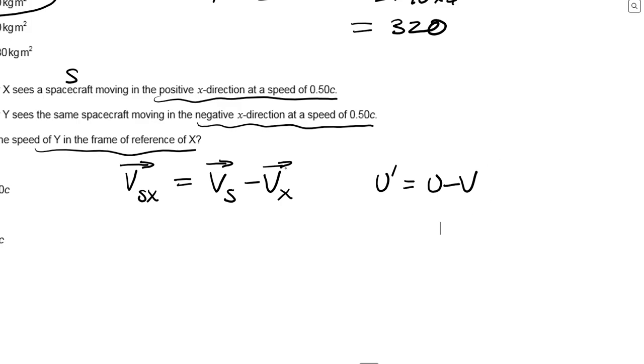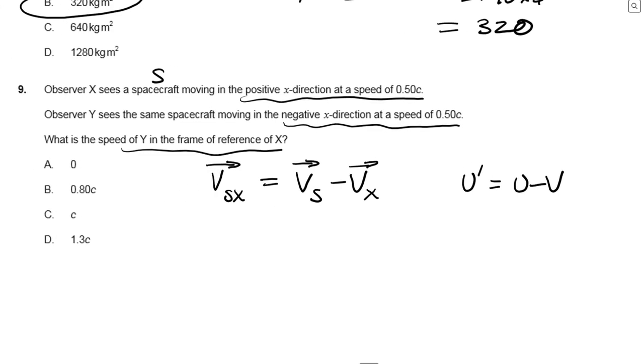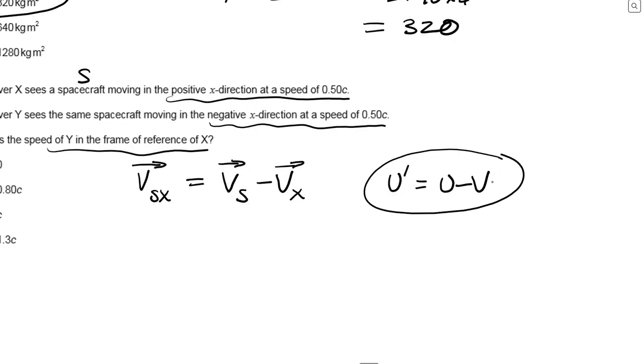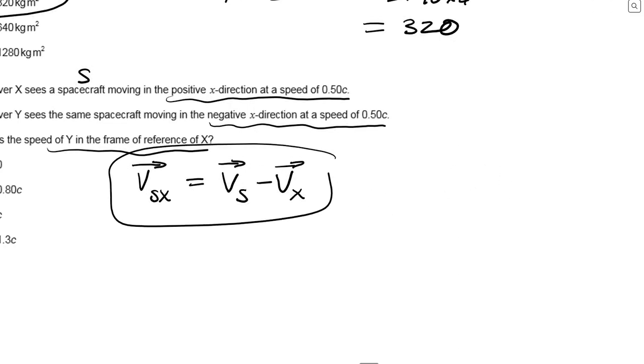Then we have speed of the aircraft in x's reference frame, and this is the speed of our object in the moving reference frame. And that is what we have been given, right? And so this is just the way I write it down. It makes it easier for me.